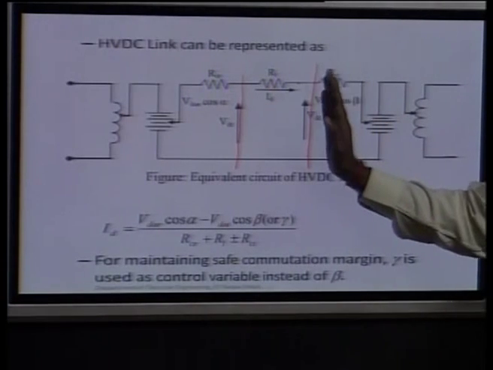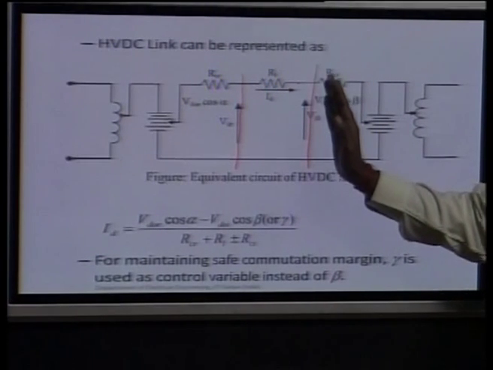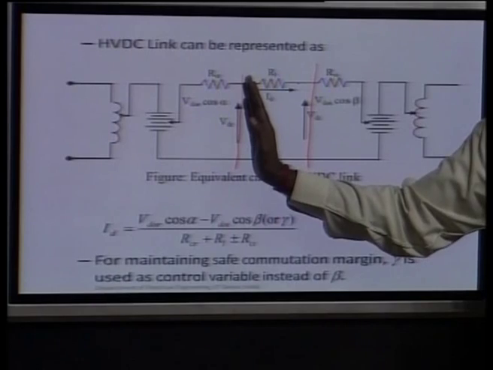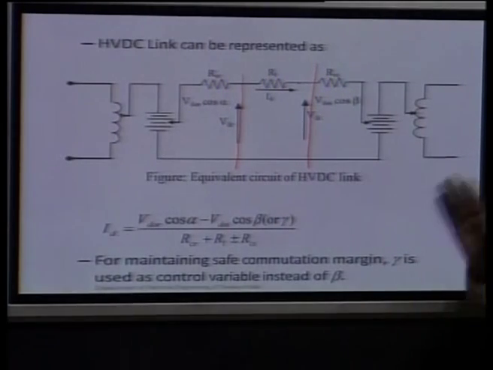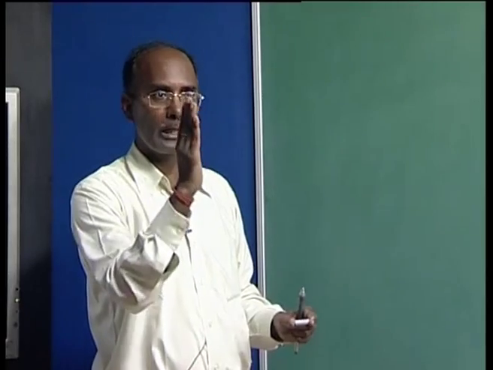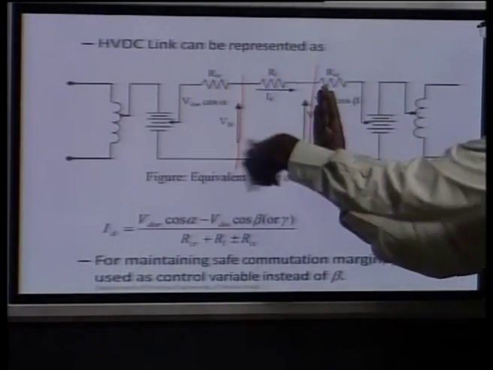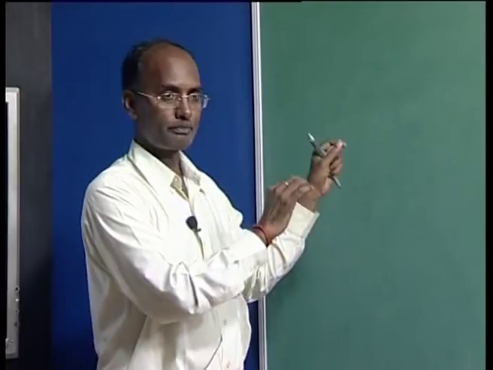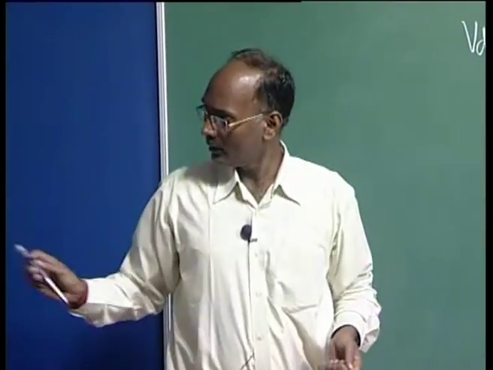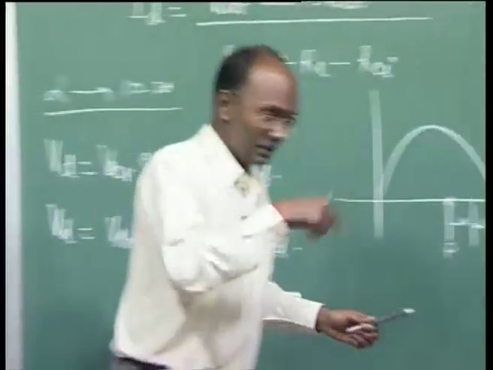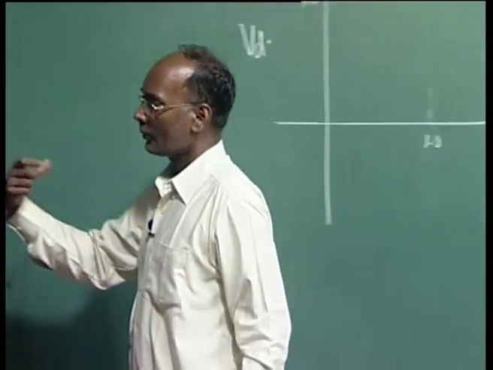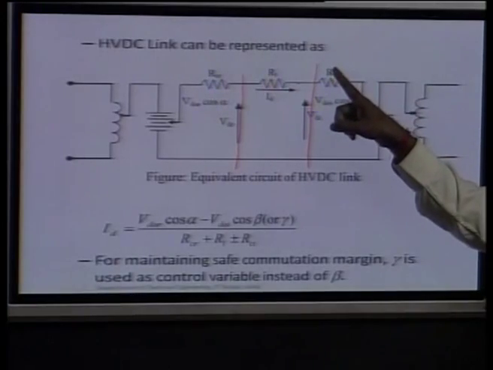So if you are taking VD here, in some books you will find people taking VD here, somewhere people are taking it there, absolutely no matter. Because we are taking the VD the same, this side characteristic and this side characteristic together on the same axis. So here, this is a minus resistance for the gamma.